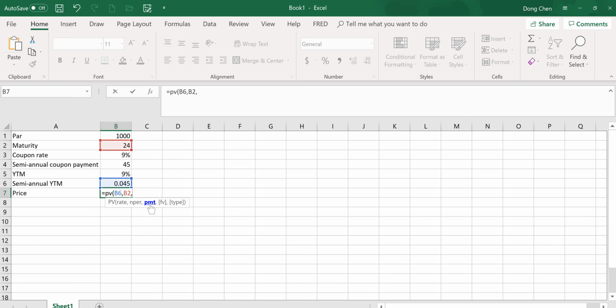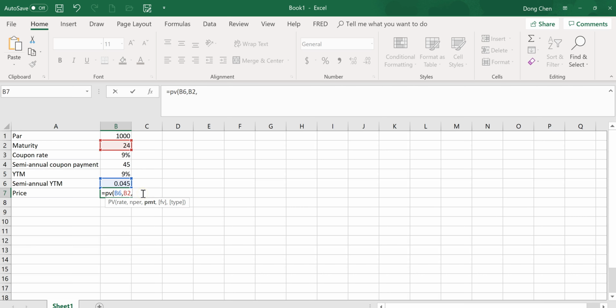The third argument is the payment. The rule for the PV function in Excel is that if we make the payment positive, then the present value calculated will be a negative number. So if we want the present value to be positive, we can just make the payment a negative number. They have the same absolute values.